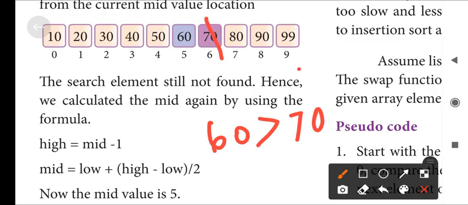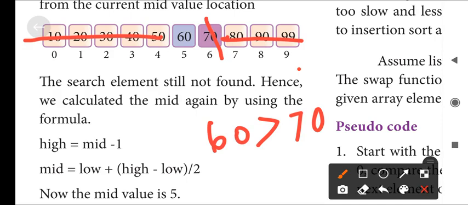Now we can cut this side. Again we find the mid value, high value and low value, but we have only one value in the list.